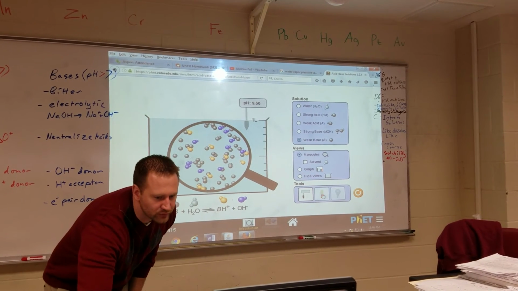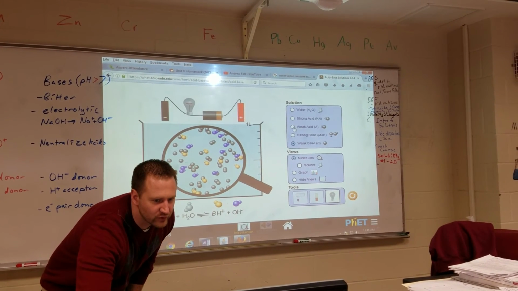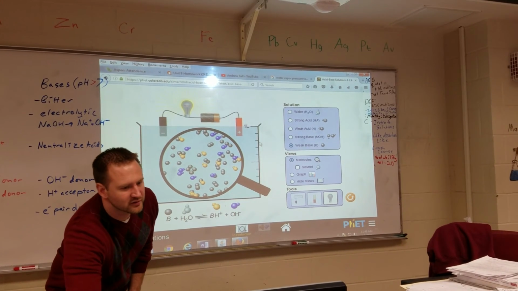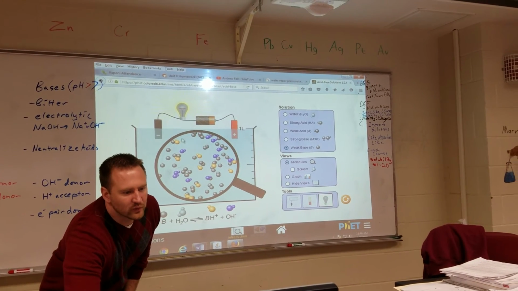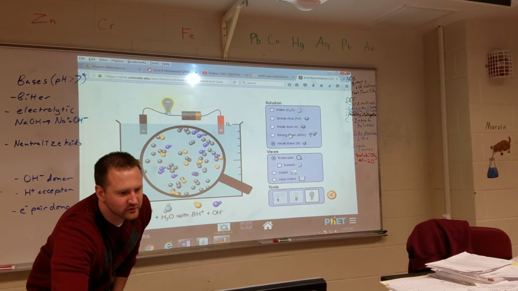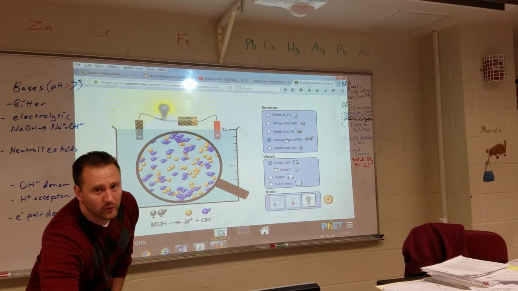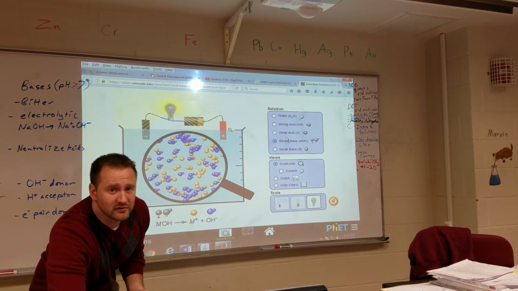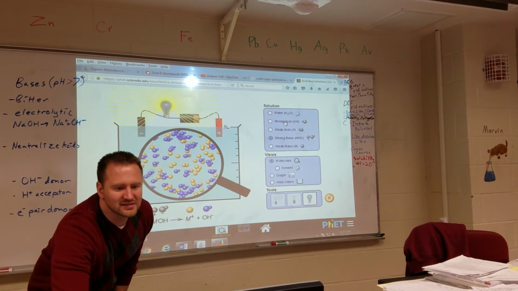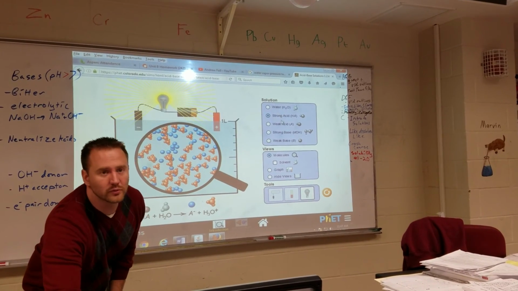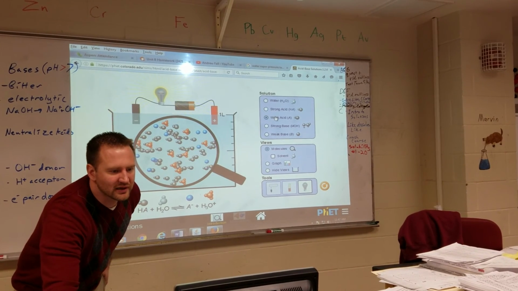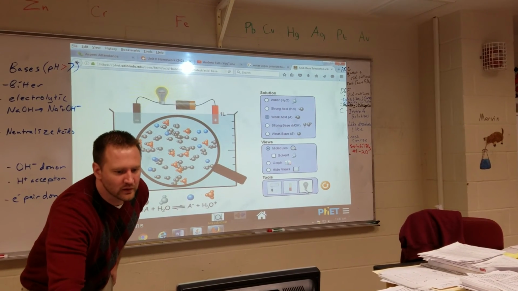Now, just to show you that both of these are electrolytic, right now we're comparing: this light is lighting up because it can complete a circuit. This is a weak base. It dissociates partially. If you compare that with a strong base, you can see that the light bulb is quite a bit more intense. So weak bases are weak electrolytes, strong bases are strong electrolytes, and it's the same thing for acids, where a strong acid will be a strong electrolyte, conducting electricity really well, and a weak acid will do it a little bit.